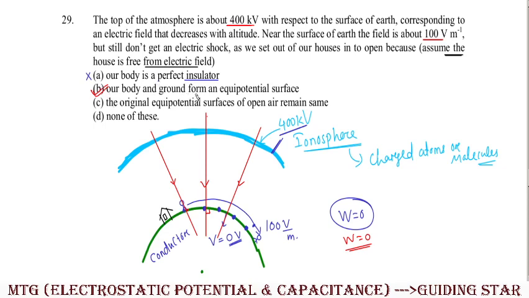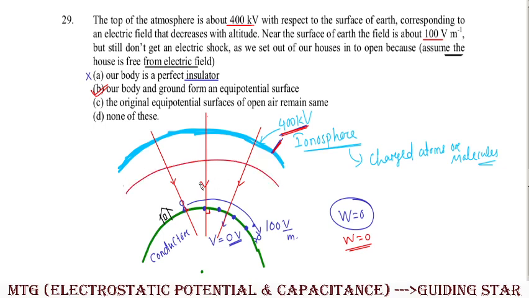Next, the original equipotential surfaces of open air remain the same. For example, suppose this is the ionosphere having some potential. Then gradually, as we move towards the surface of Earth, we get other layers of atmosphere, and their potential will gradually decrease.